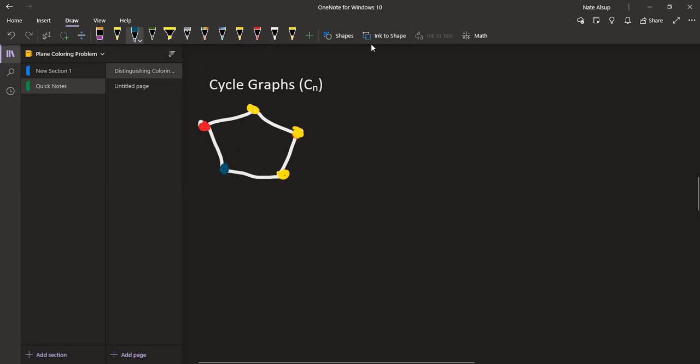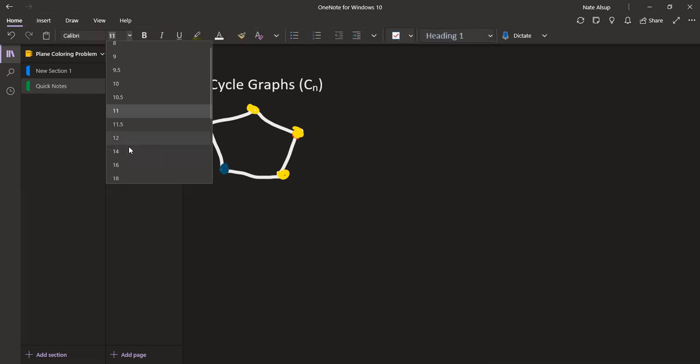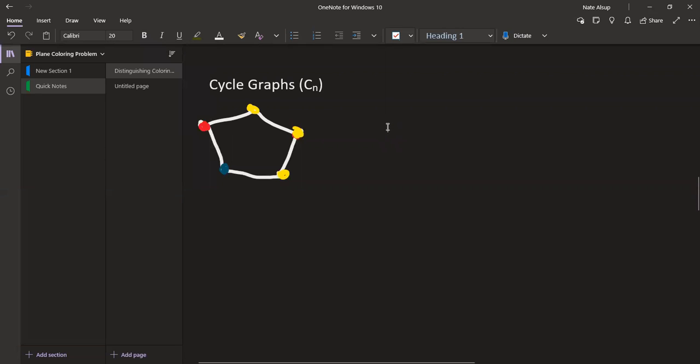Something like this only works in certain graphs. So dist of G is equal to 3 if and only if n equals 3, 4, and 5.